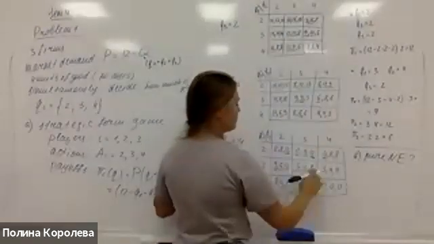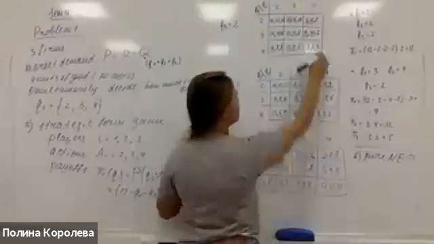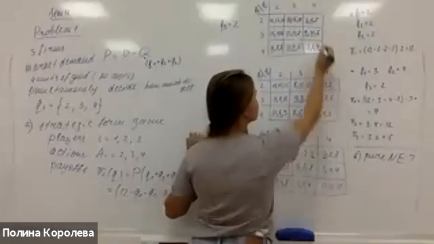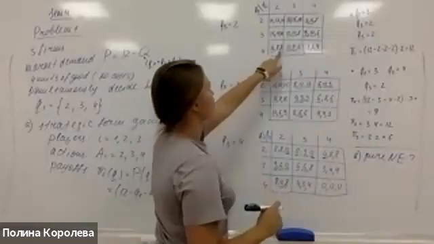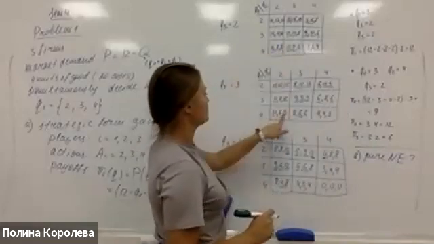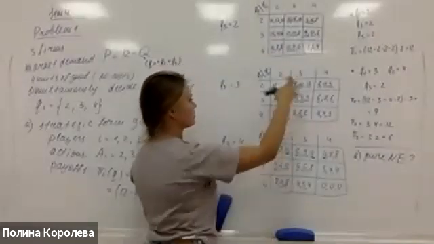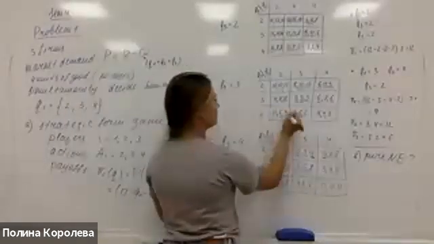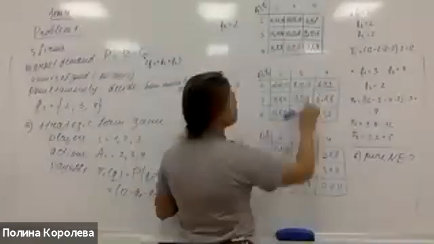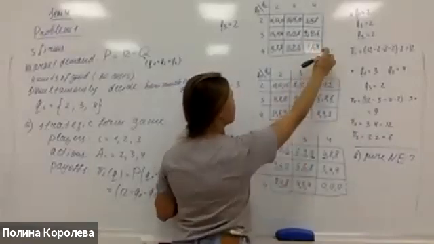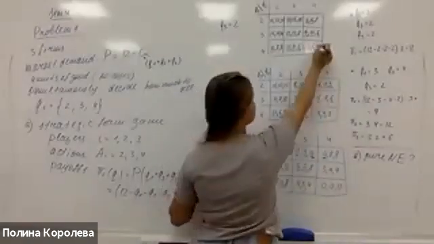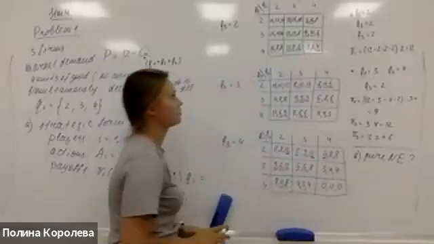Then 8, 9, 8. 9. 6, 6, 4. 6. Then 8, 9, 8. We choose second matrix. 9. 6, 6, 4. 6 bigger. 4, 3, 0. 4 is bigger.